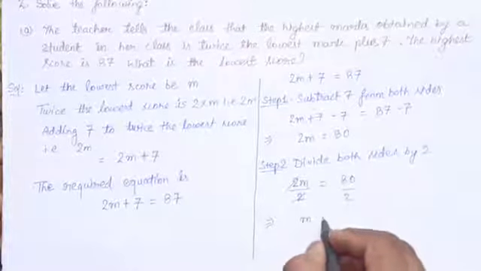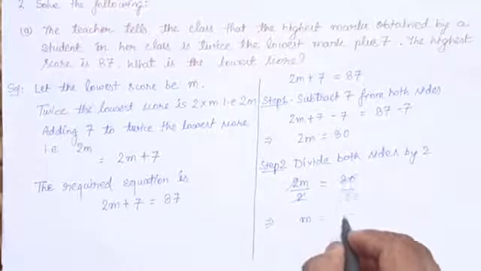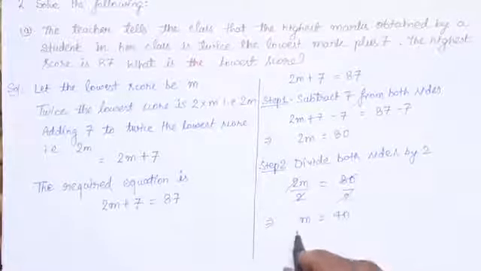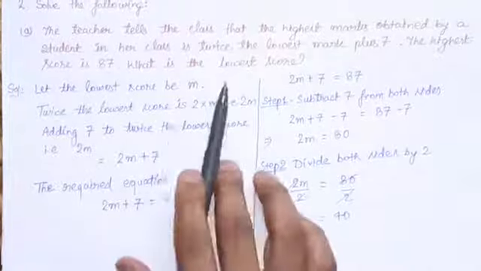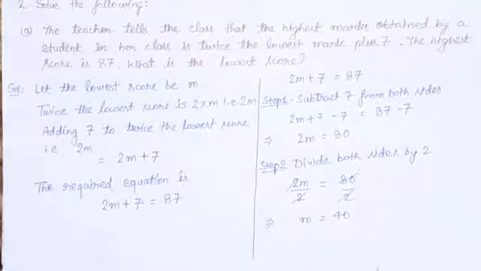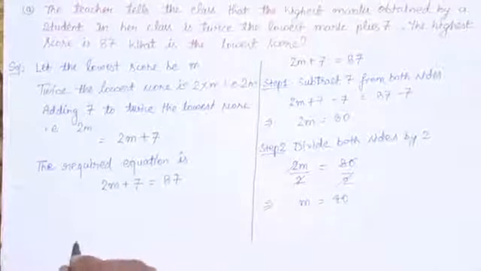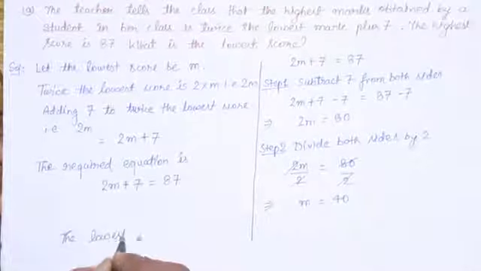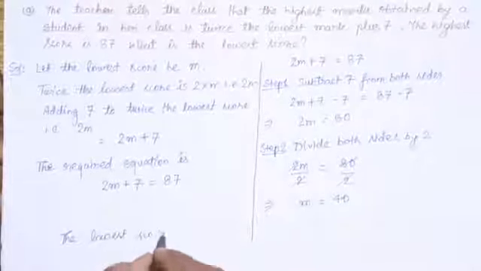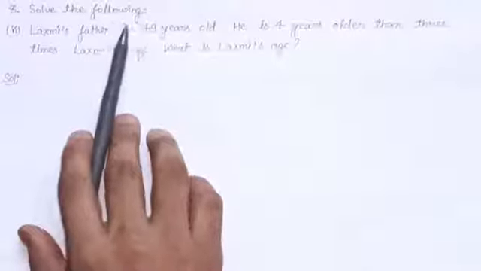So we have m only in the left hand side, while in the right hand side we have 40. It means the lowest score obtained by the student is 40. Hence we can write the lowest score is 40.